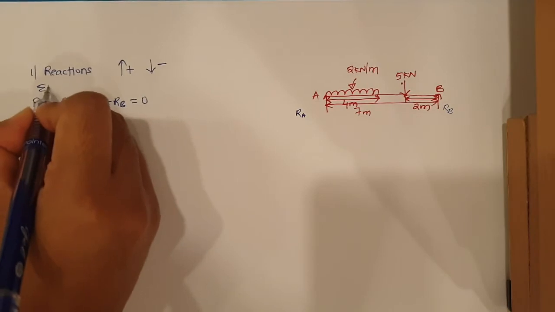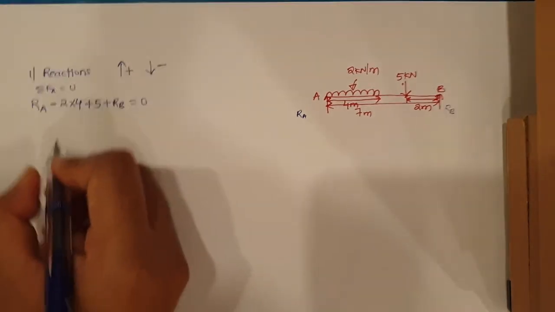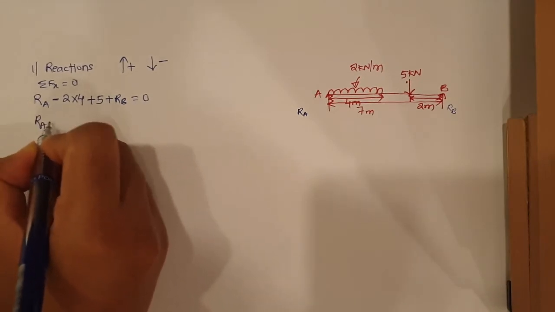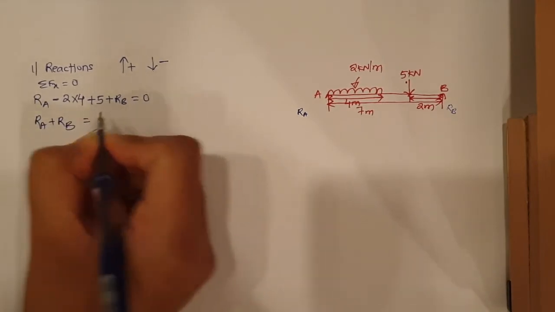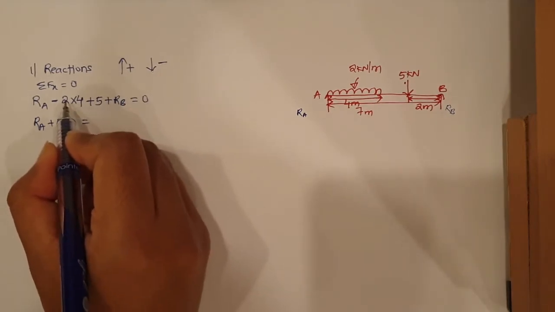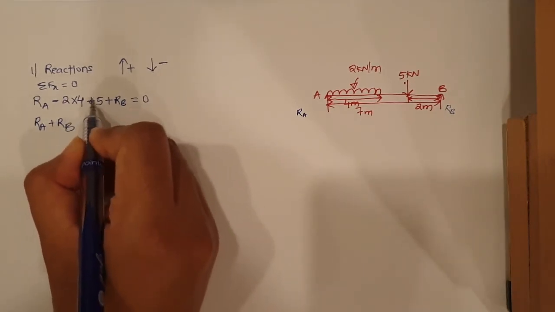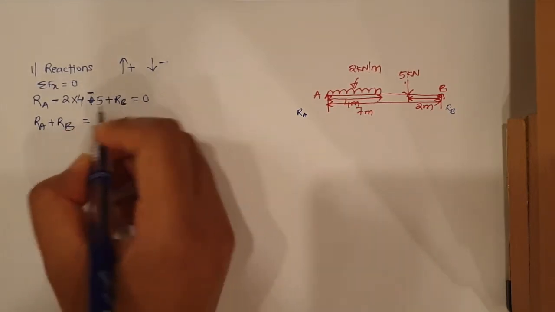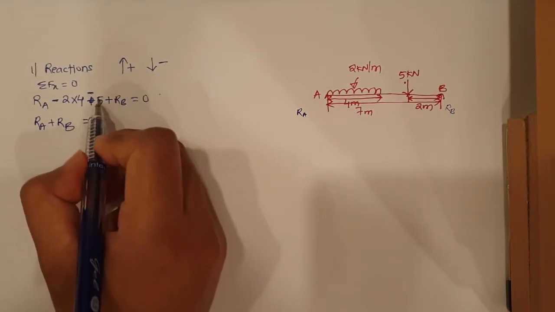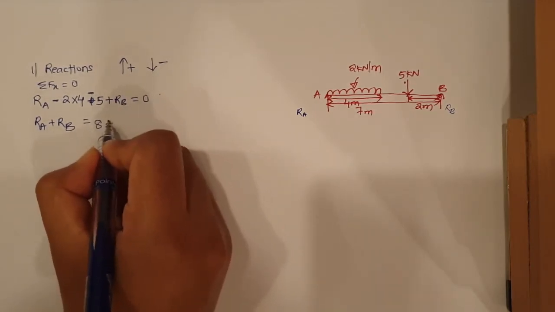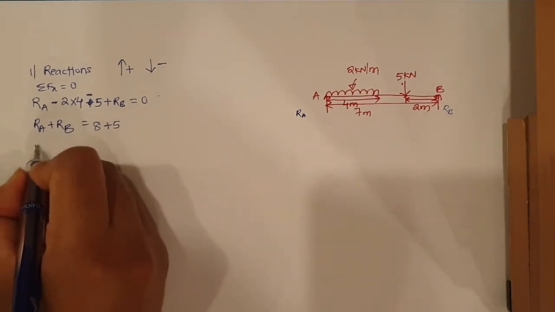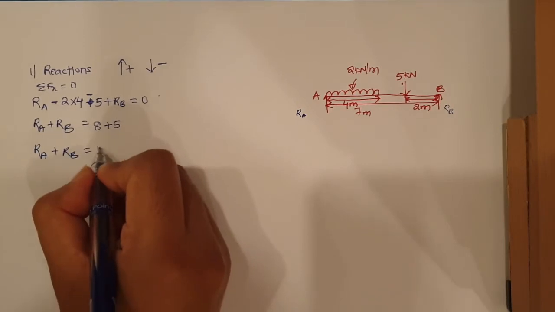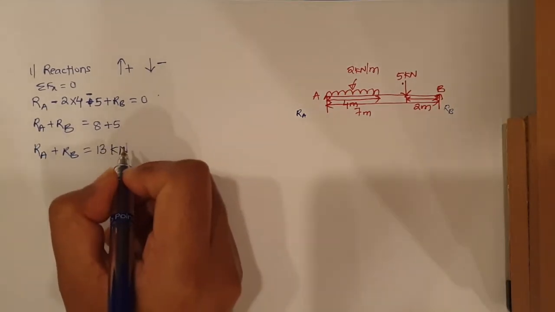So this is summation of forces equals 0. Keeping like terms together, RA plus RB equals 8 plus 5, which is 13 kilonewton.